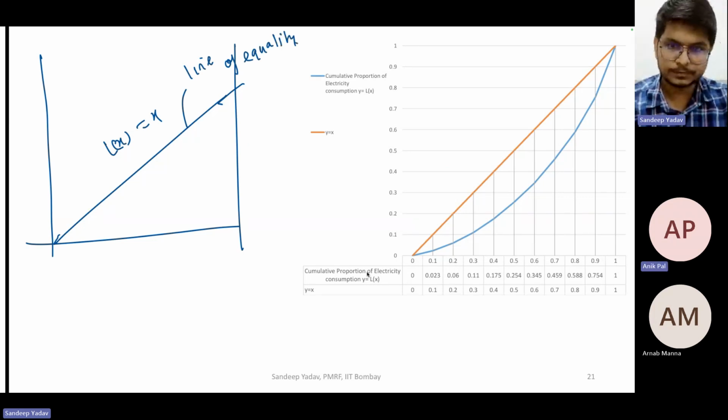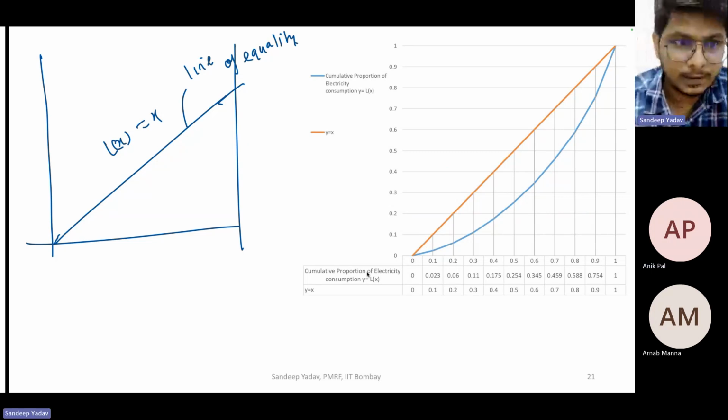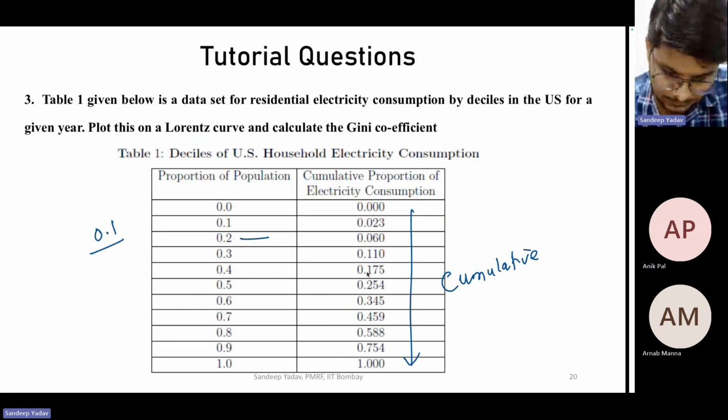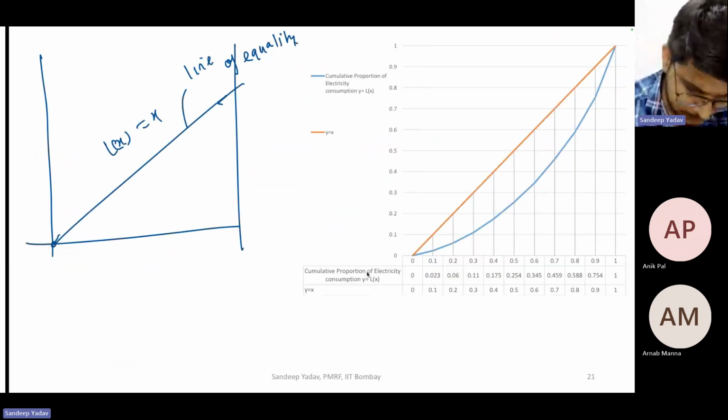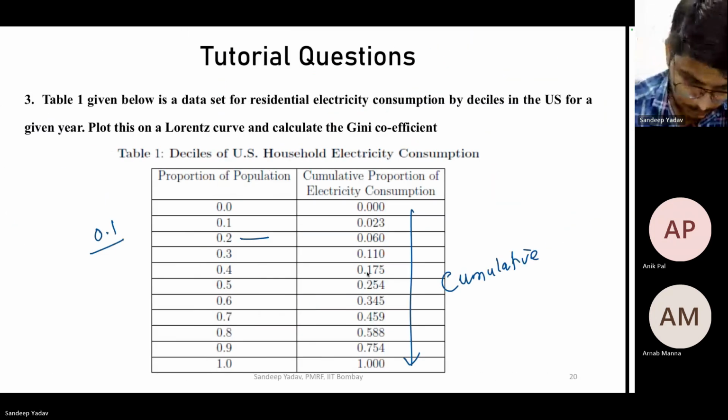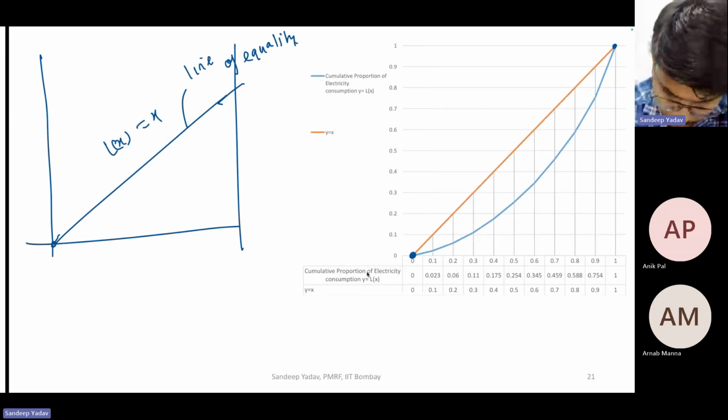Okay, and if you want to draw the given values, this point will be the 0, if I show you more clearly, this point will be the 0, this point will be the 1, this point is 0, this point will be the 1. Okay, and if you want to draw the 0.1 value, it's already given here. I hope you can see this.